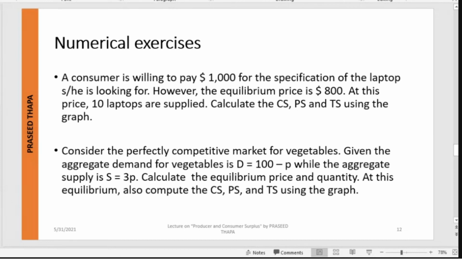We should know the properties of a rectangle, a square, and how to find the area of a triangle. Now what is the height? Who can say the height of the triangle when you are calculating the consumer surplus? 25, sir? No, 25 is not your height.